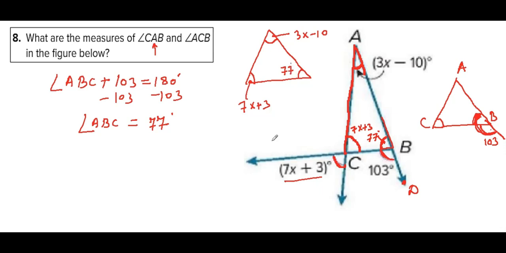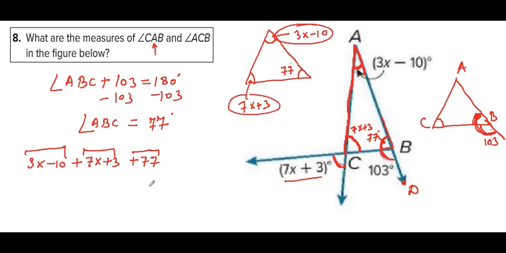Sum of all the angles is 180 degrees. So angle A is 3x minus 10, then the second angle is 7x plus 3, and the third angle is 77. So I'm adding all the angles, 3x minus 10, 7x plus 3, and 77 is equal to 180 degrees.